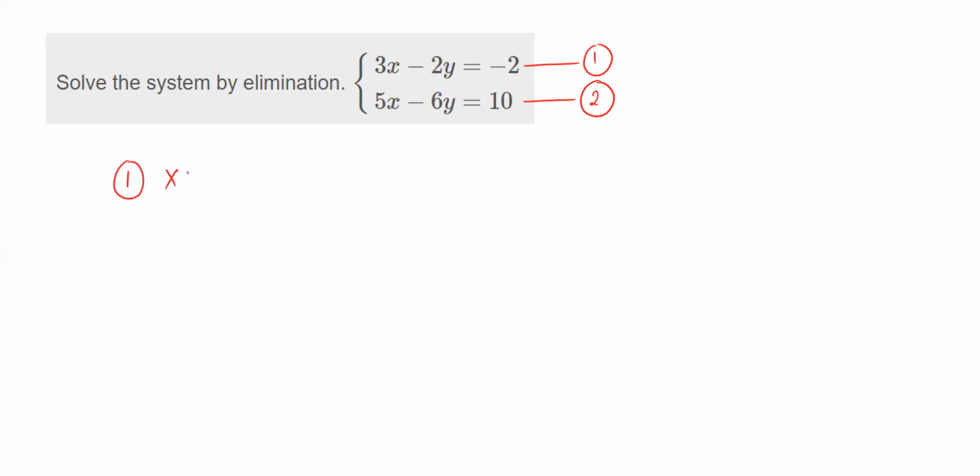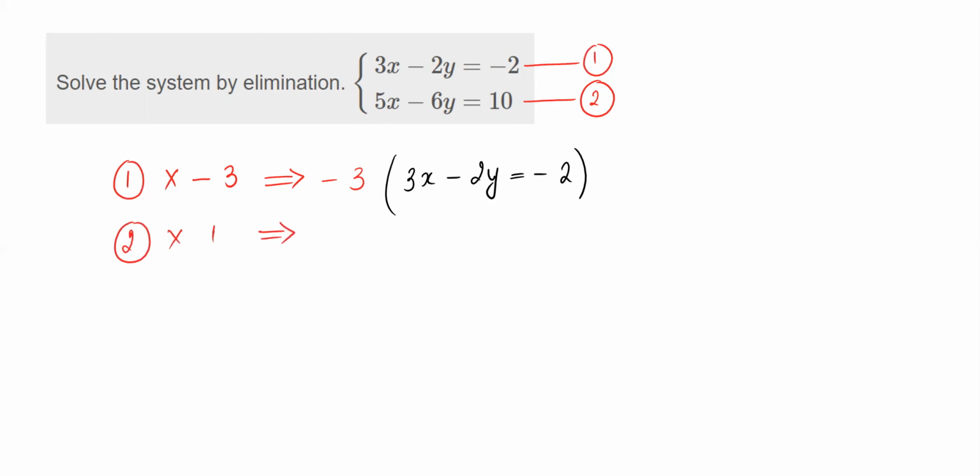So that is our first step. So I'm going to multiply equation 1 by a negative 3. So it's negative 3 for the first equation. Second equation, no change to it. It's as if we multiplied it by a 1. It's not always going to be the first equation that you will manipulate. It so happens that way. Whatever works for you, either the first or the second, is totally fine.